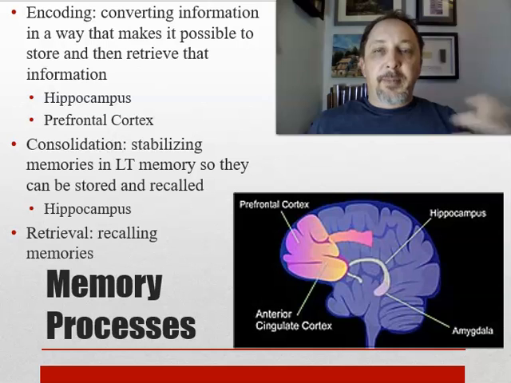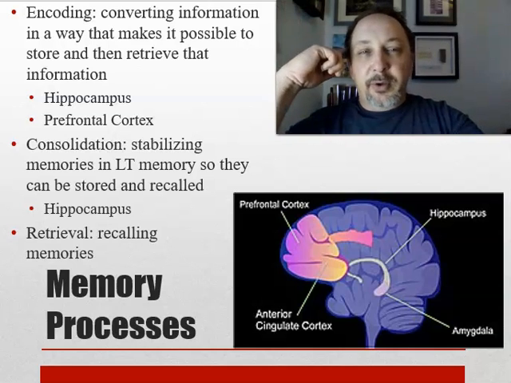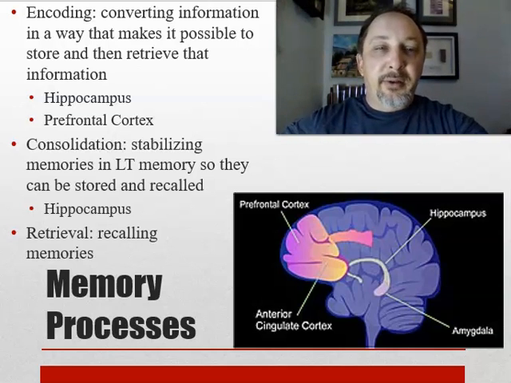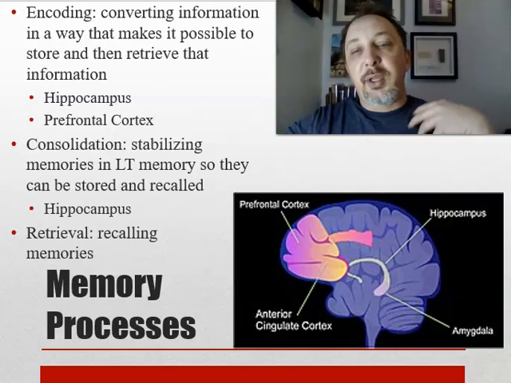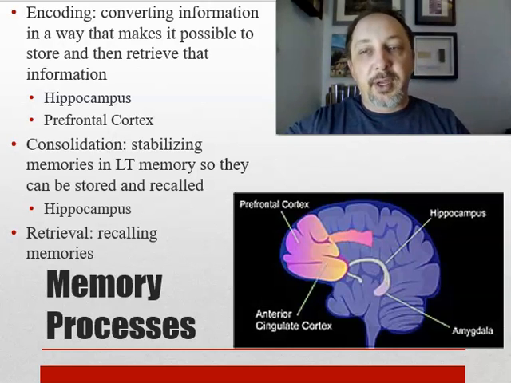This involves the hippocampus, which we called the medial temporal lobe, and the prefrontal cortex, the PFC. Consolidation is stabilizing these things into long-term memory so they can be stored and recalled. This is specifically the hippocampus. And then retrieval appears to be in many different areas, and this is how we pull things out.